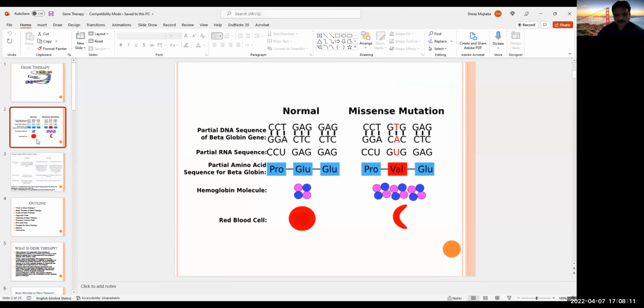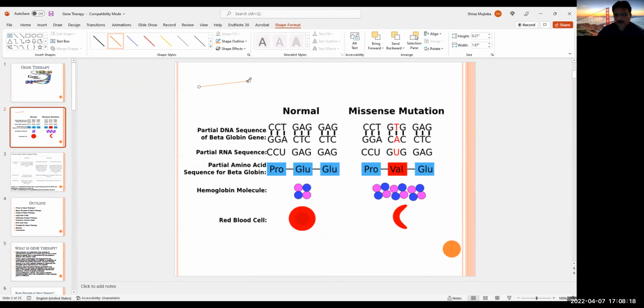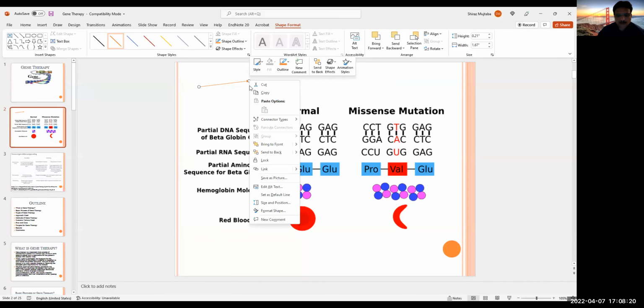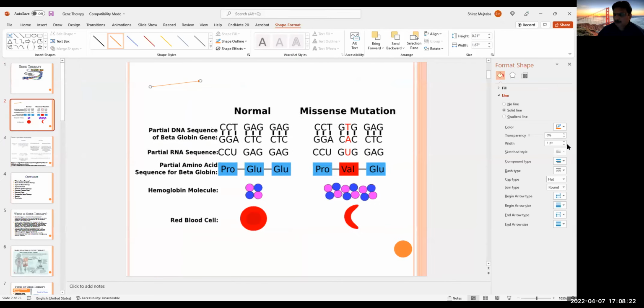So this is the slide. From here, you can study from DNA to protein structure to protein function. What you see here is a normal gene for hemoglobin. Focus on this triple nucleotide, GAG, CTC.